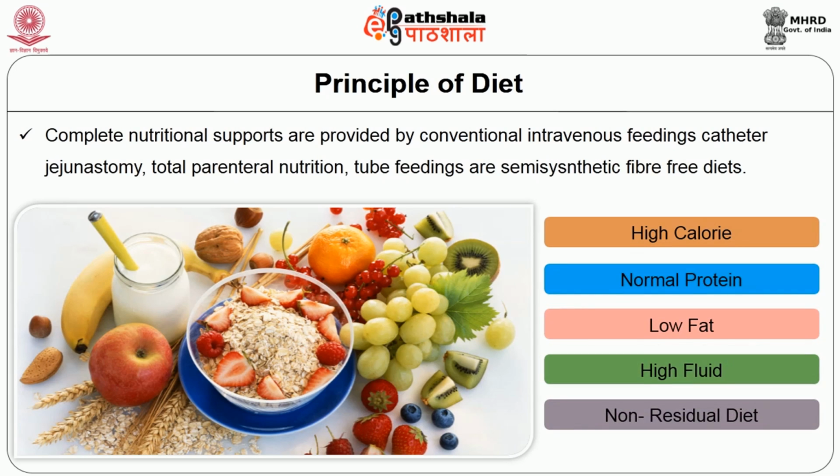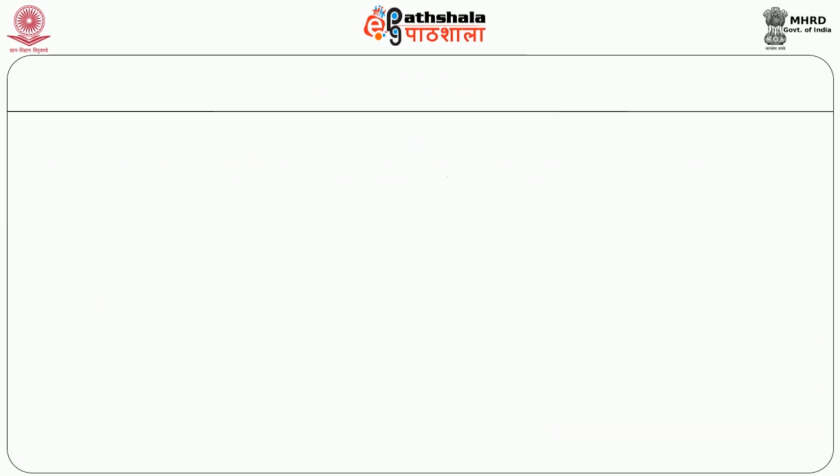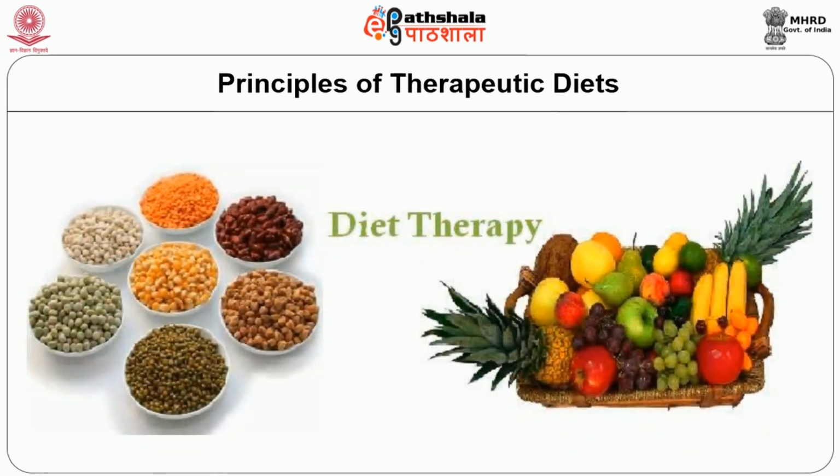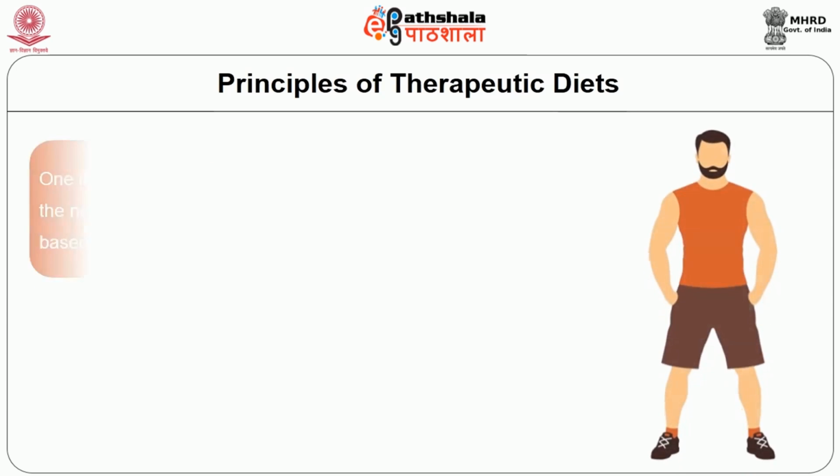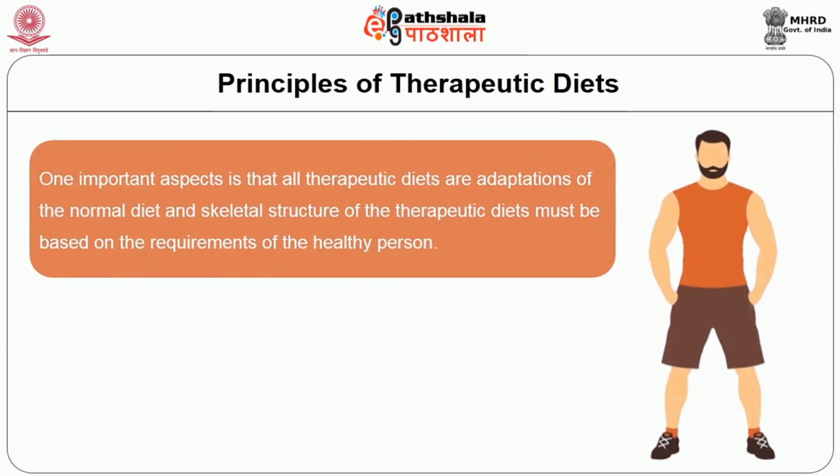And now when we look into the principles of all these therapeutic hospital diets, there are certain principles that are followed in diet therapy. One important aspect is that all therapeutic diets are adaptations of the normal diet, based on the requirements of the healthy person.